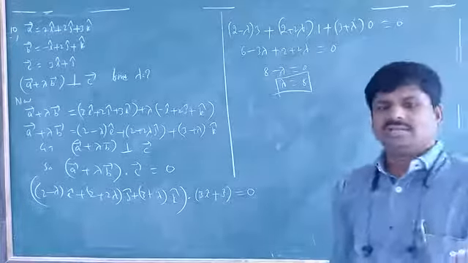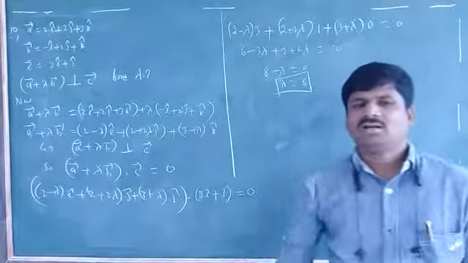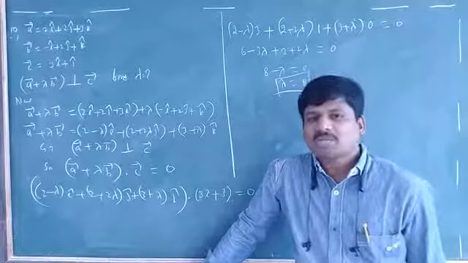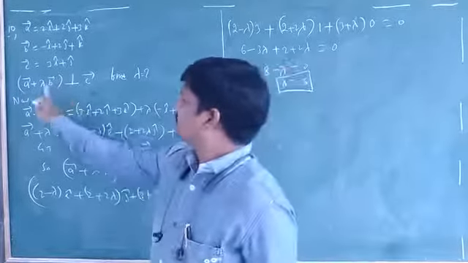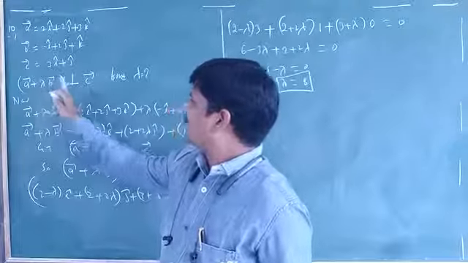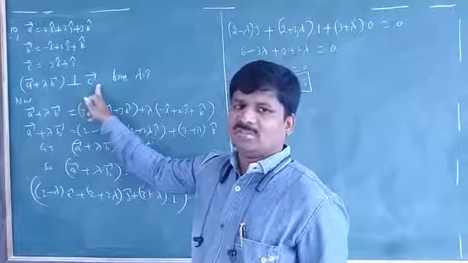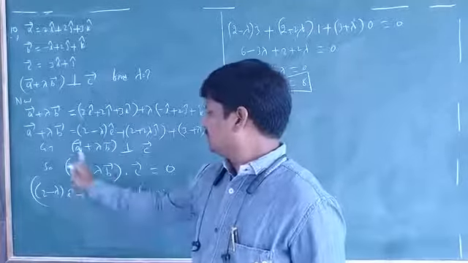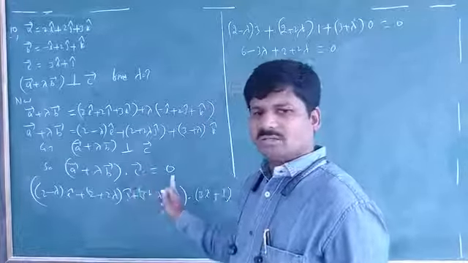Lambda value is 8. Understand? Two vectors are perpendicular means their dot product is equal to 0. Here the vector a bar plus lambda b bar and the vector c bar are given as perpendicular, so the dot product of these two vectors is equal to 0.